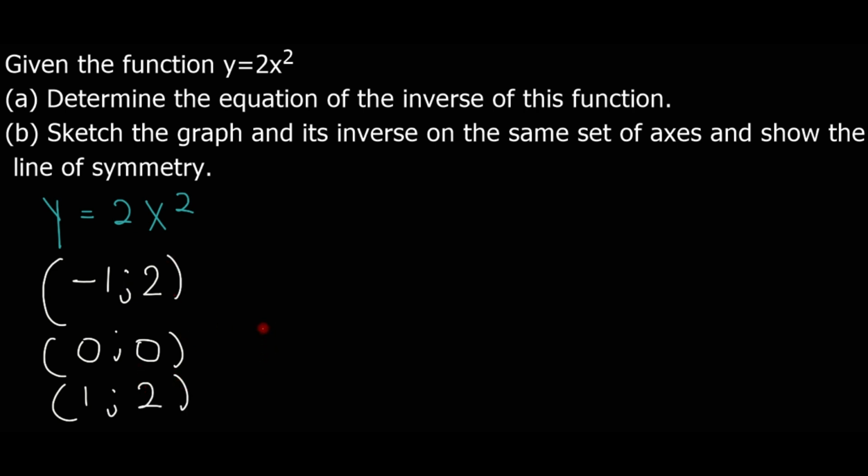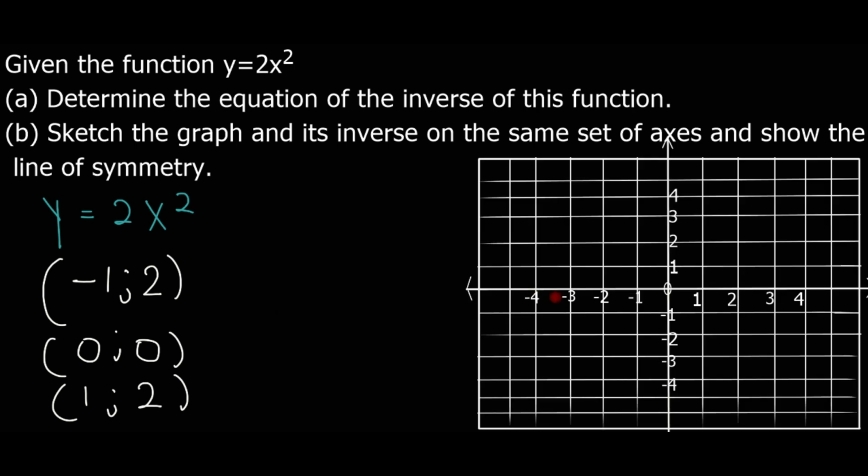Now we can draw the graph. We have the point -1 and 2 here, then 0 and 0, and then 1 and 2 here. So our graph will be something like so. This one is y equals 2x squared.